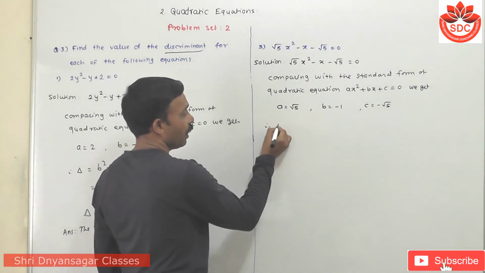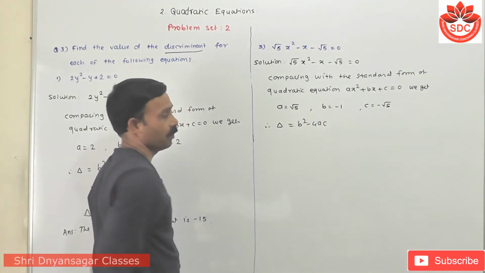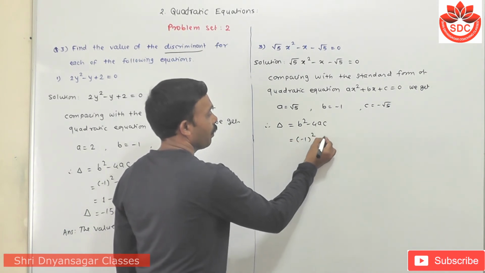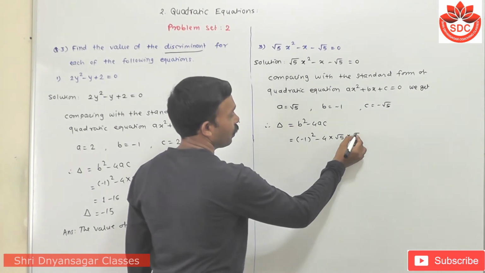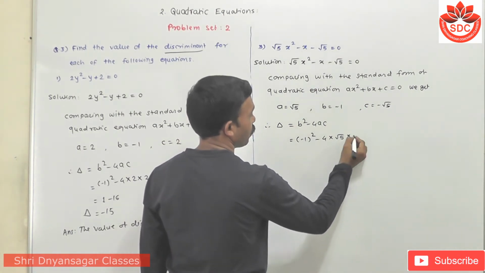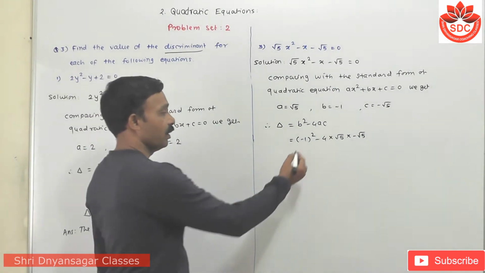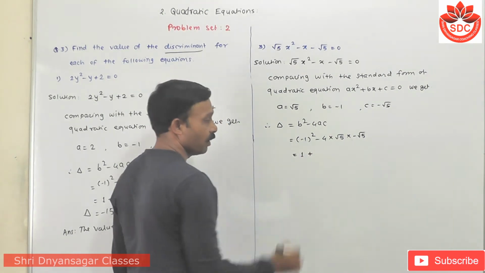Then we have to find out the value of the discriminant, delta, b square minus 4ac, is equal to minus 1 square minus 4 into root 5 into c, which is also minus root 5. Students, minus 1 square is plus 1, and minus minus converts to plus.